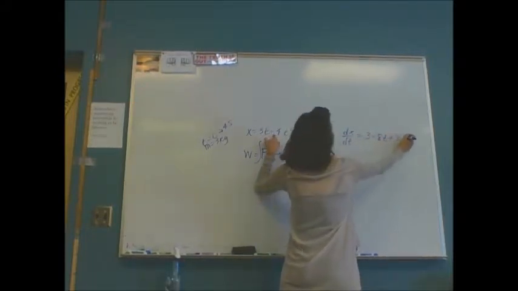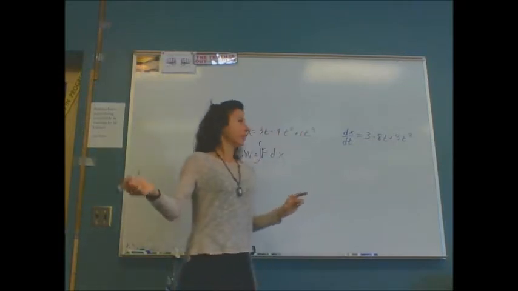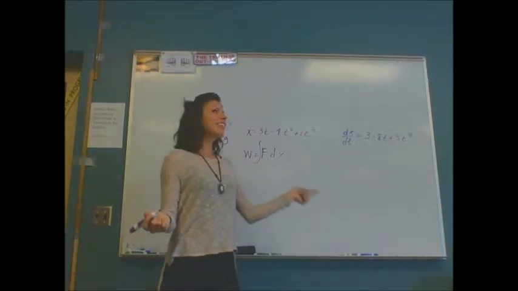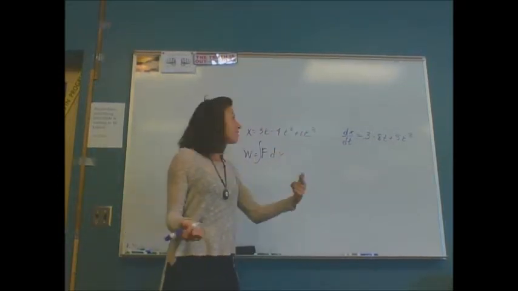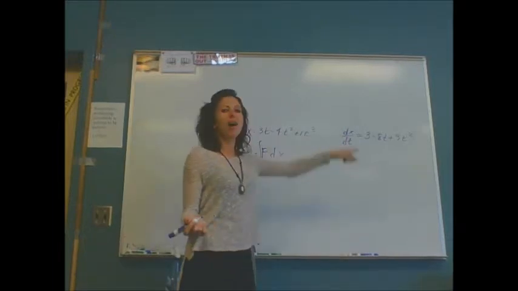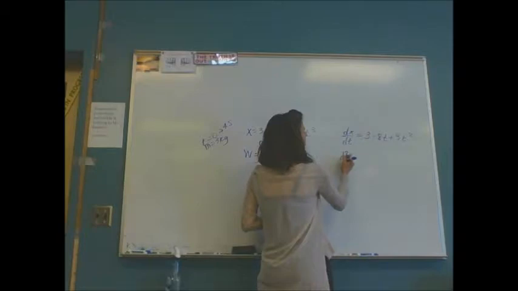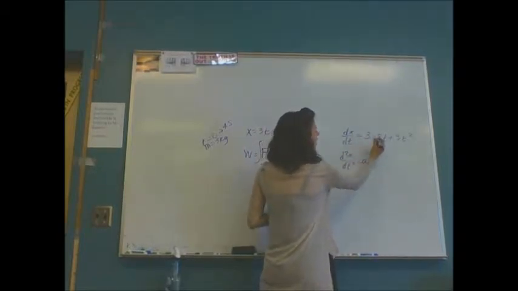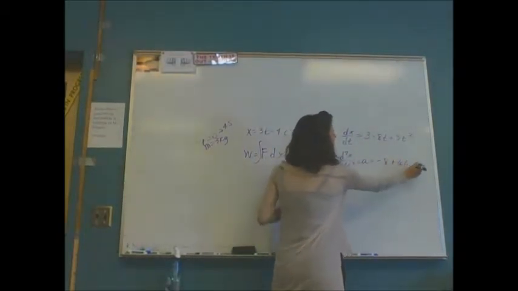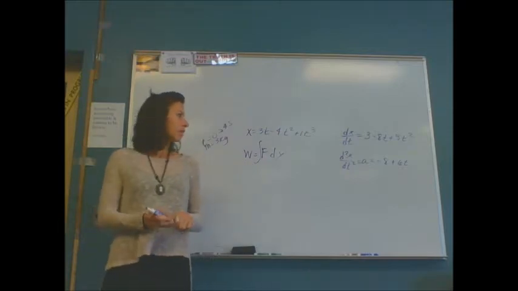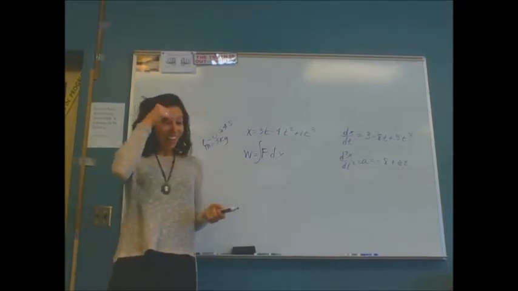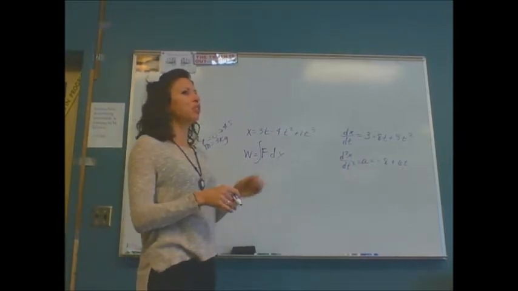And then I say, okay, well, net force is equal to mass times acceleration. So my force as a function of time, which is still weird, not exactly what I want, is going to be 3 times that whole thing. So it's going to be negative 24 plus 18t. I just multiplied 3 by the negative 8 and 3 by the 6t.